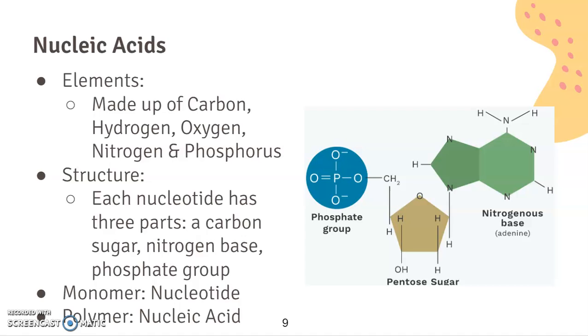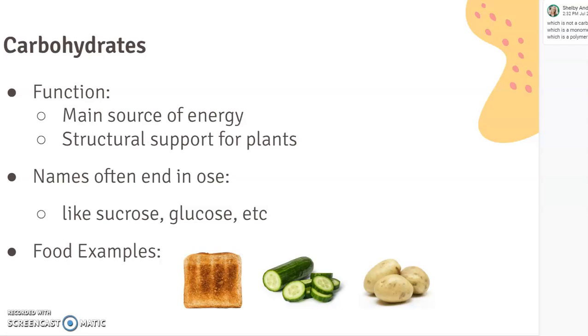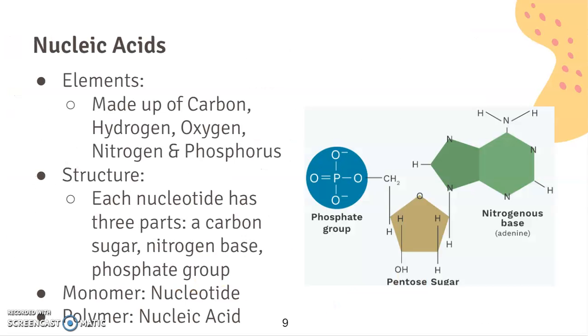Okay, so nucleic acids, this is where it gets a little bit different as far as the elements go. Remember the lipids that we had earlier? The lipids and our carbs had the elements carbon, hydrogen, and oxygen, but they did not have nitrogen and phosphorus.